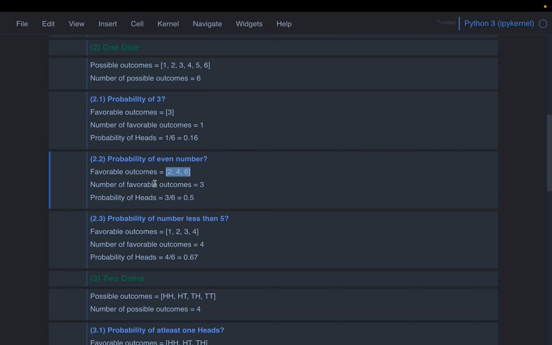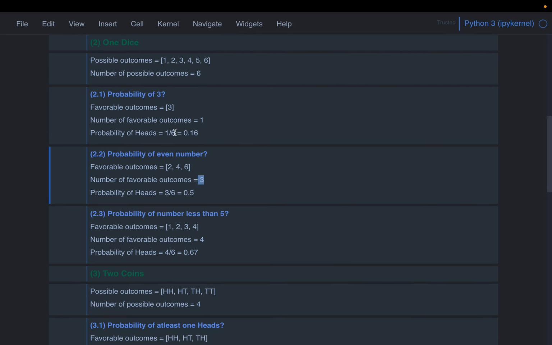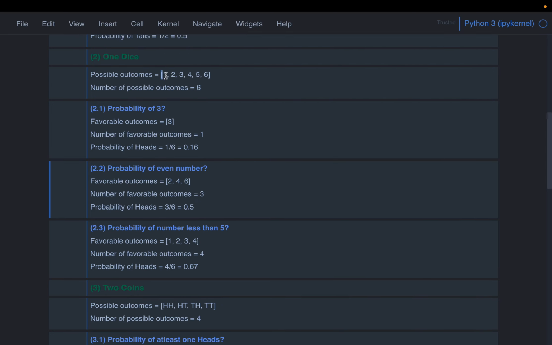So this time the number of favorable outcomes is 3, the length of this list, let's say. So we have 3 favorable outcomes out of a total of 6 possible outcomes. So the probability is 0.5.